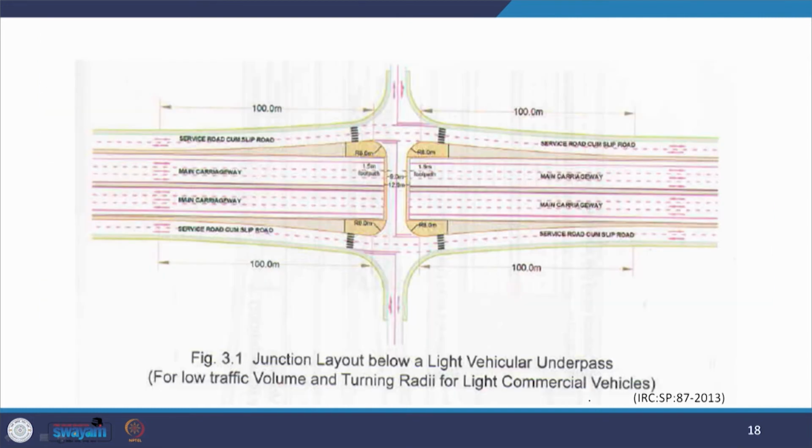Again, let us look at some of the examples here. This is a case where a multi-lane highway is being provided, and this multi-lane highway is passing over a road which is, say, any sort of minor road, and the traffic is going to move on this particular road too.